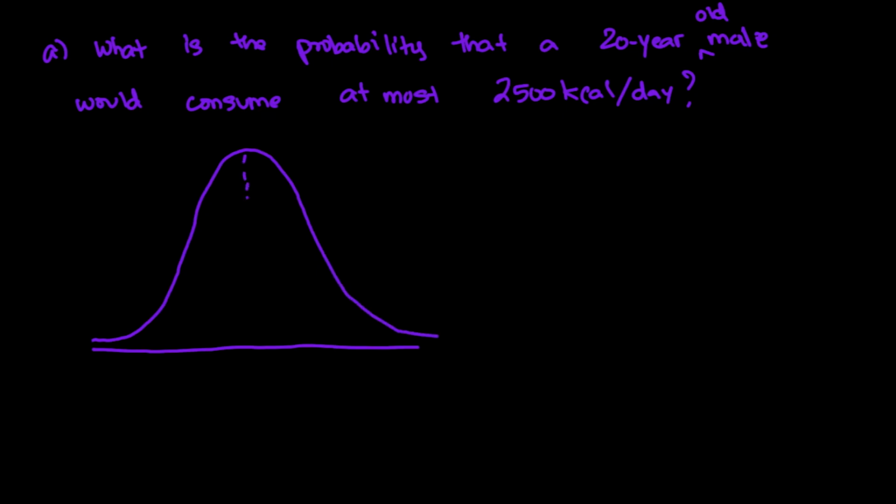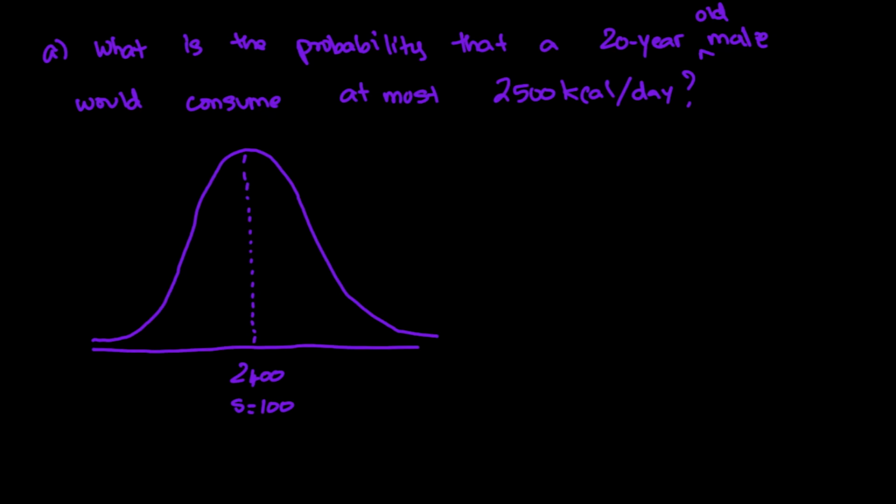And I know that the mean is 2400 kilocalories per day. And I'm going to write the standard deviation right below it. The standard deviation is 100 kilocalories. And the question wants to know the probability that a 20-year-old male would consume at most 2500 kilocalories.